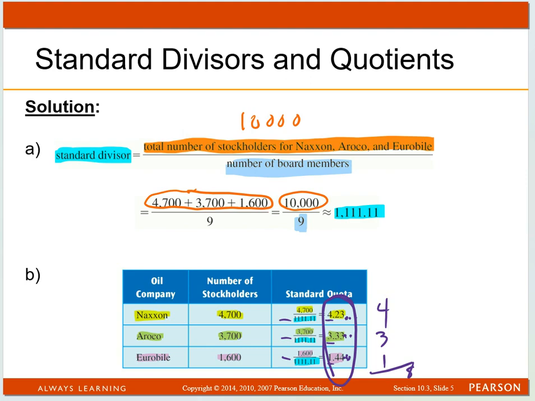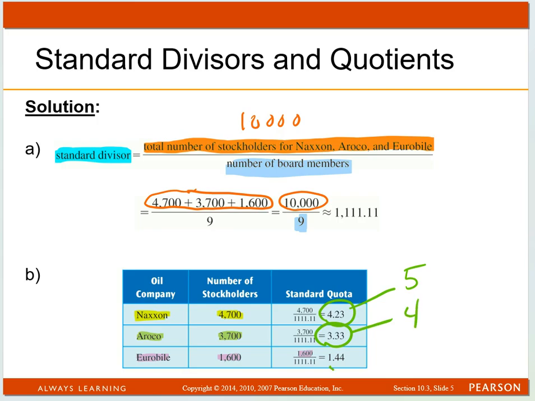Okay, so if we were doing Adams at this point, when you divided by that 1,111, Adams would look at this 4.23 and he'd go, I'm going to give them 5. He would give them the upper quota. He'd round up to the upper level. 3.33, he's like, that's 4. And 1.44, that's 2. But that adds up to 11. That's too much. It's only supposed to add up to 9.